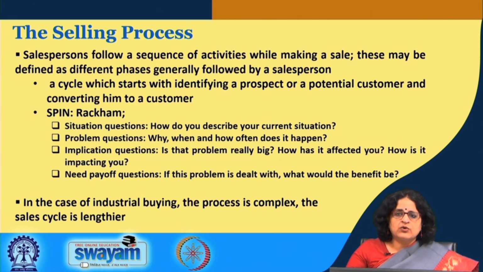Now one was the situation questions, the second was the problem questions, the third was the implication questions, and the fourth was the need payoff questions. We discussed these in the previous lecture, and according to Rackham, if a sale has to be conducted successfully, it is very important that the salesperson asks the right kind of situation questions, problem questions, implication questions, and need payoff questions.